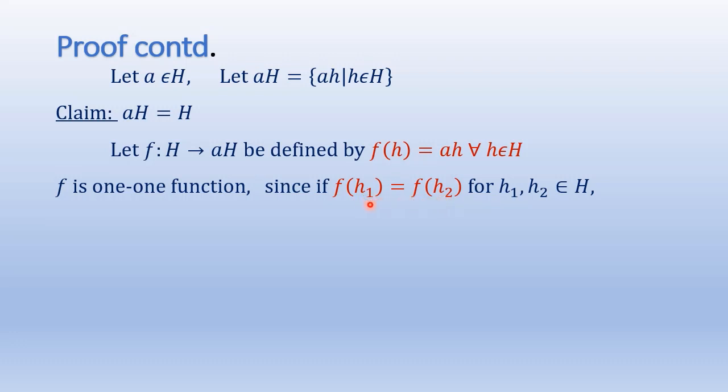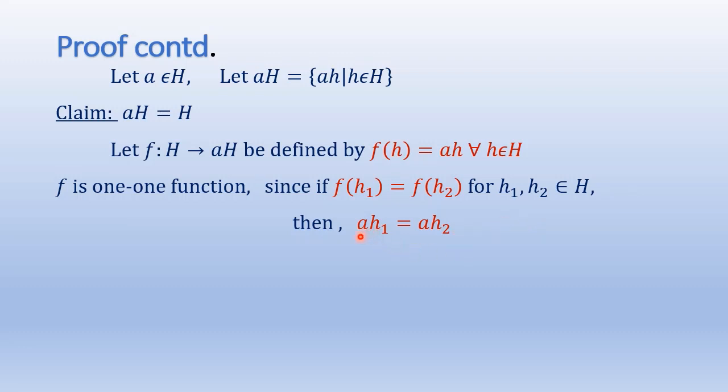So here we are considering f of h1 equals f of h2. By the definition of f, we can write f of h1 as Ah1 and f of h2 as Ah2. Here Ah1, Ah2 all belong to H, and H is contained in G. In G, the left cancellation law holds.